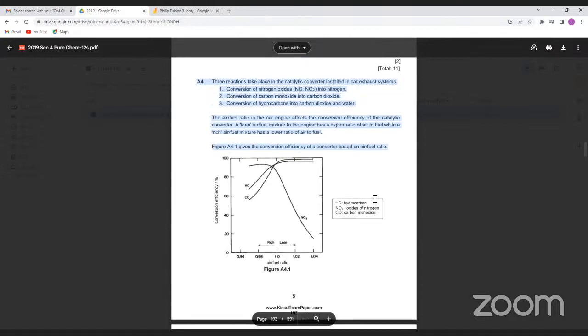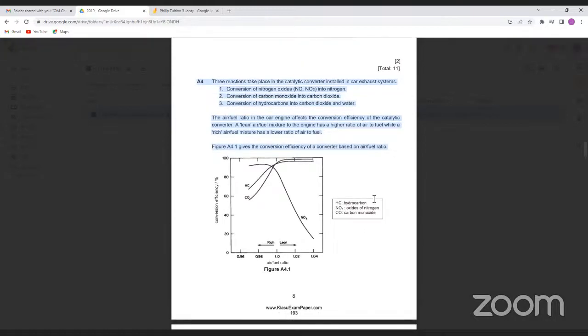Okay, you've got to understand the graph first. The graph is new, yeah. The graph is not in the syllabus. They give it to you in the exam. Better understand the graph. That's the whole key. If you don't understand, let's talk about it.